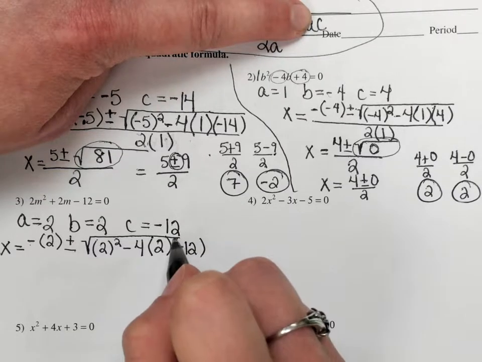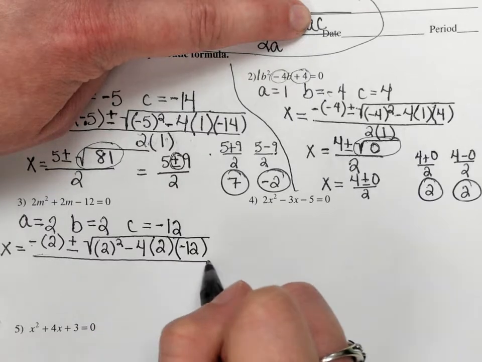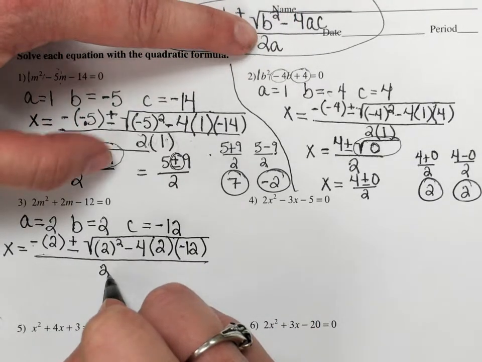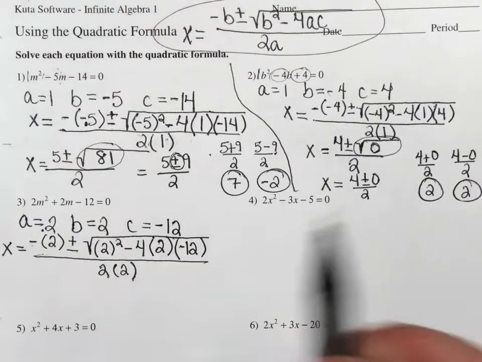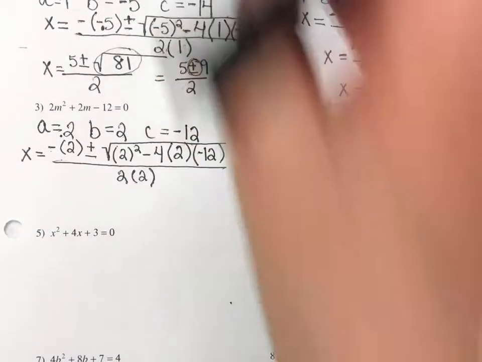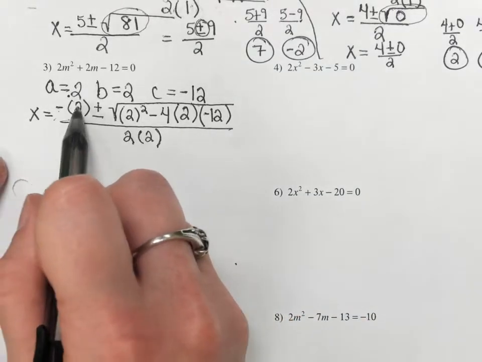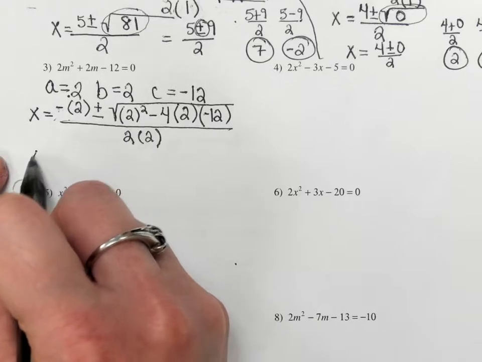Yep. All over what? 2a. 2a, which in our case is 2 times 2. All right, negative 2. Positive. No, negative. It's still negative, yep.